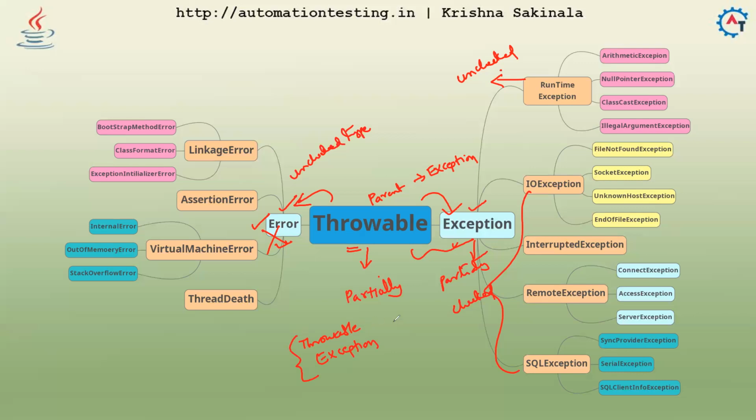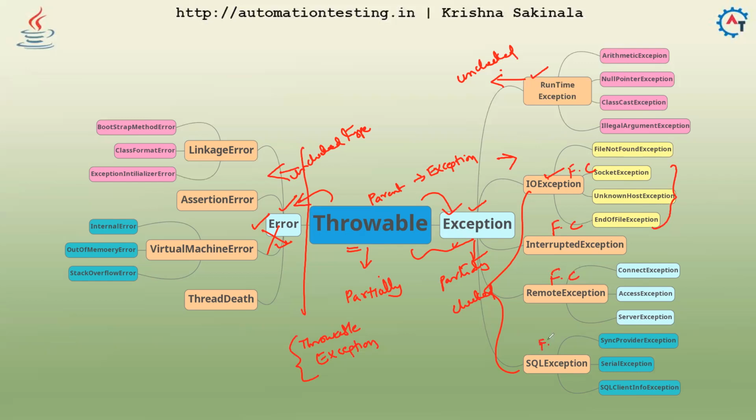Apart from that, do you see any other partially checked exception? Anyhow, this way, no chance. These are all unchecked. You need to look at the right side. Inside this, except this one, all are checked exceptions. This one is checked and these are also checked, so it is fully checked. This is also fully checked, this is also fully checked.